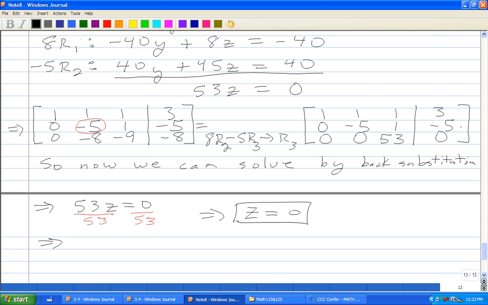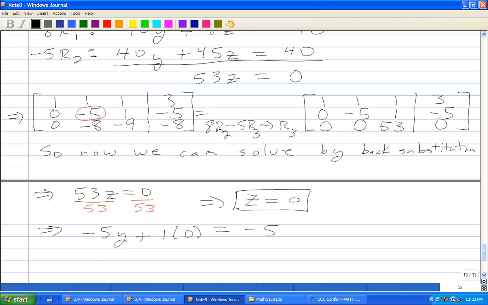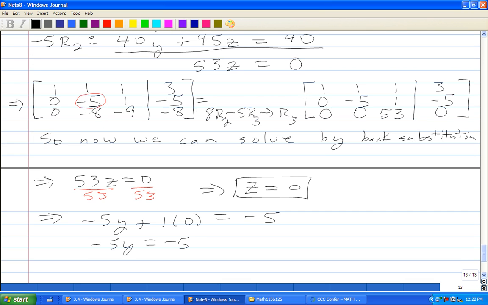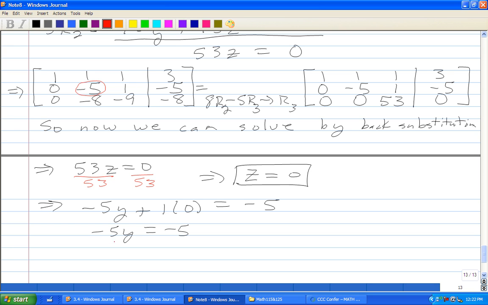So by the second row, I have 0x minus 5y plus 1z equals negative 5. And so I have negative 5y equals negative 5. Divide both sides of my equation by negative 5. And so I have y is equal to 1.